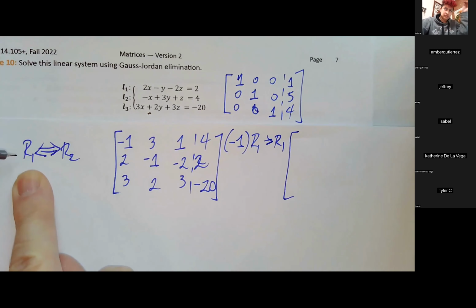And then 2 times 1, 2 plus 4 is 6. Yay. And 3 minus 4. And what is 5 minus 12? Exactly right.